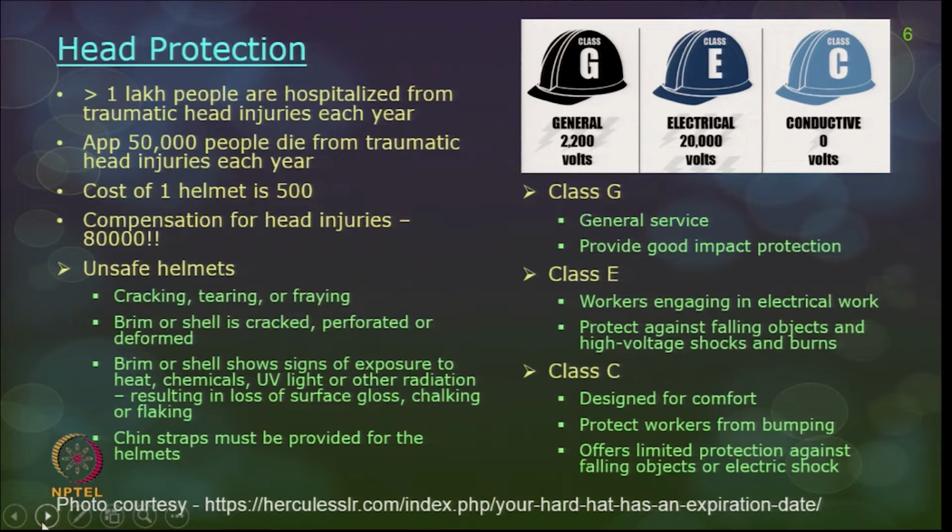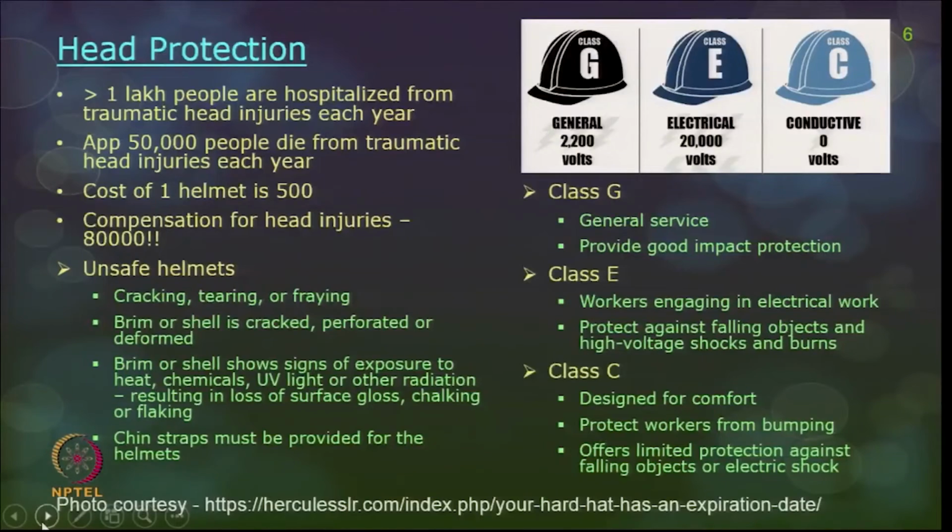The brim or the shell also should not be cracked or perforated or deformed, otherwise it is unsafe. If the brim or shell shows signs of exposure to heat, chemicals or UV light, which can be seen by loss of surface gloss, the shining surface will be a little lost, or chalking or flaking. Somewhere you will see a lot of white spots coming onto the helmet, which implies it is not safe to use. And chin straps must be provided for the helmets. If it is not provided, then it is not a safe helmet to be used.